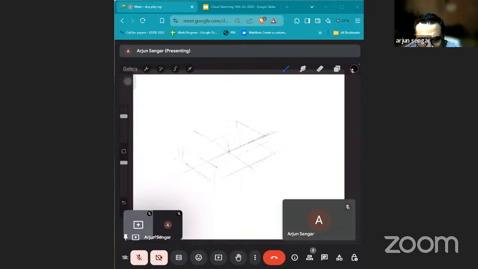Aishwarya, are you typing in the chat box? If not, then you can ask me here also. Please give an example, the sketch of a mouse. I didn't get what you are saying. Aishwarya, you can unmute and ask me.